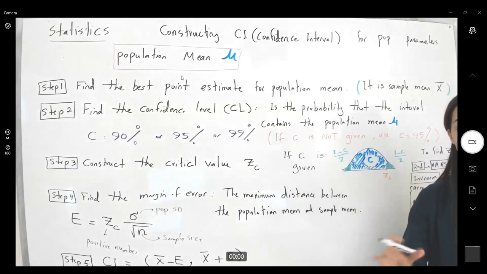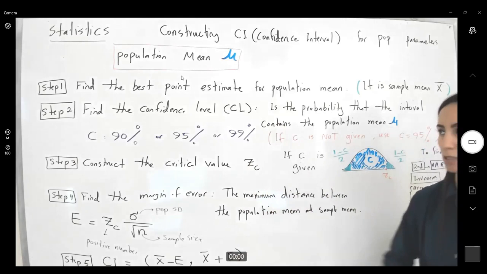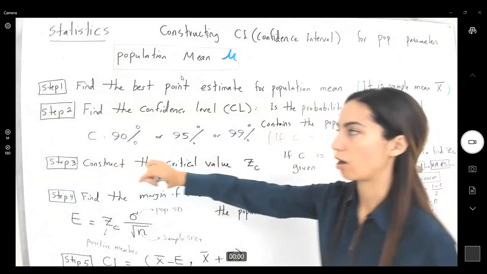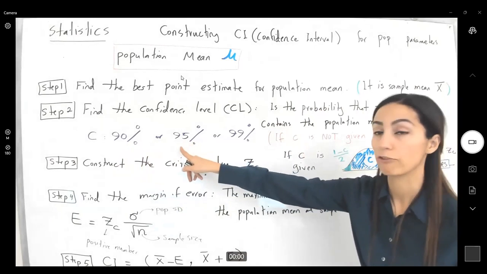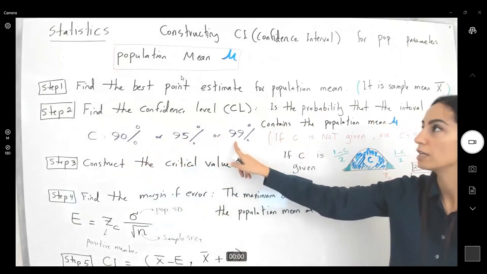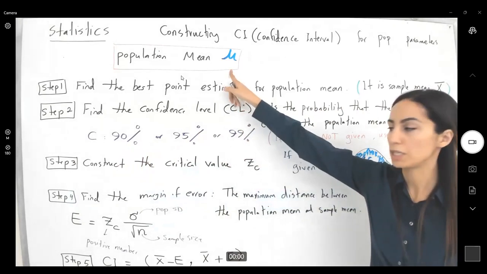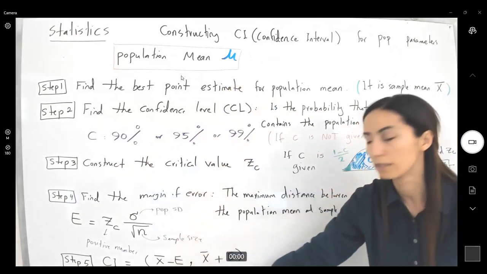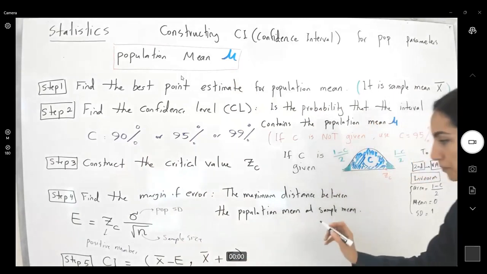What is the interpretation? We say that, hey, we are 90% confident. We are 95% confident. We are 99% confident that the population mean is within these two numbers.